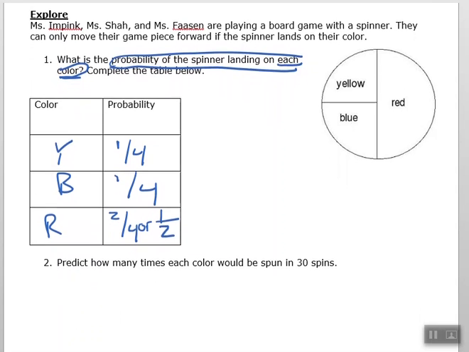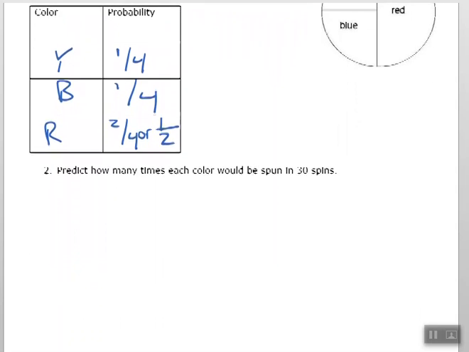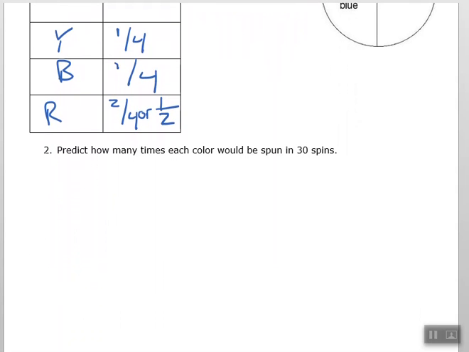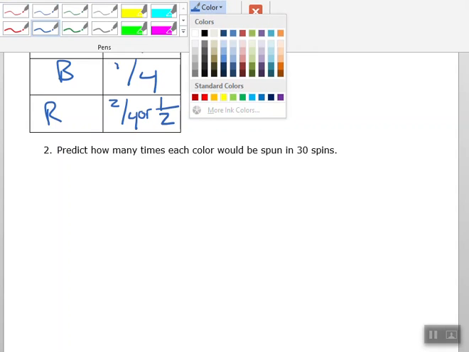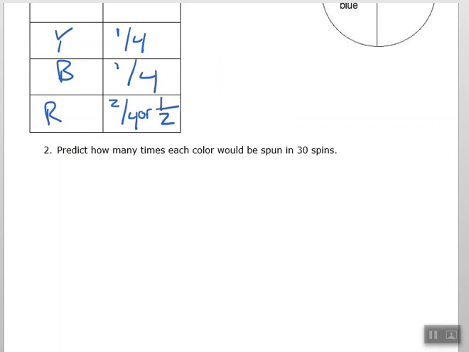Predict how many times each color would be spun in 30 spins. Okay, so let's take a look here. We'll do yellow. All right, so for yellow, my chances of yellow are 1 in 4.